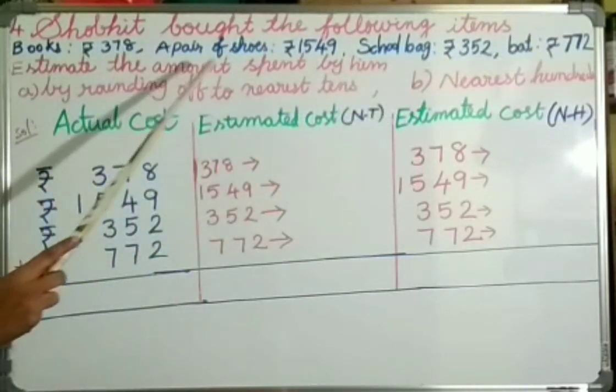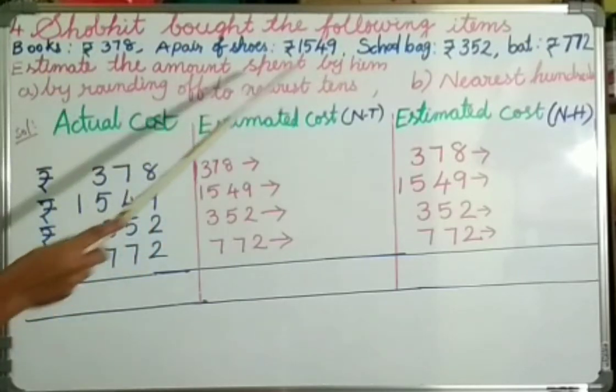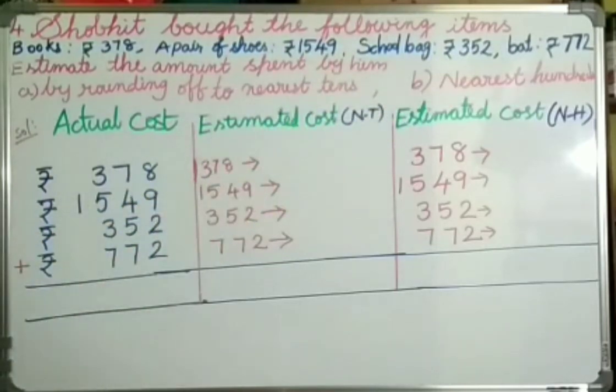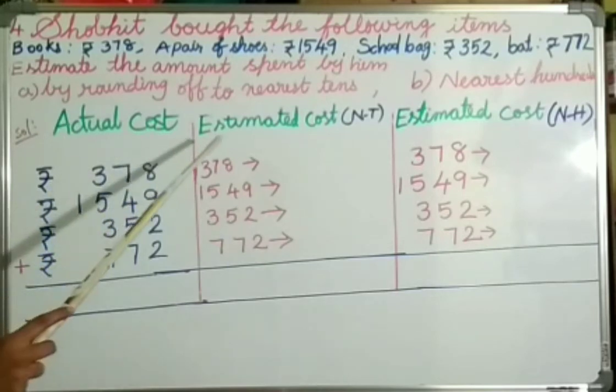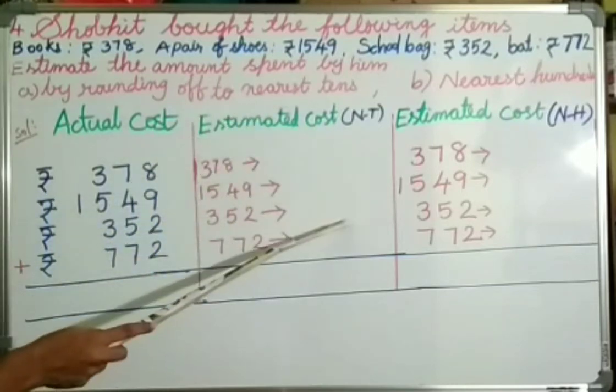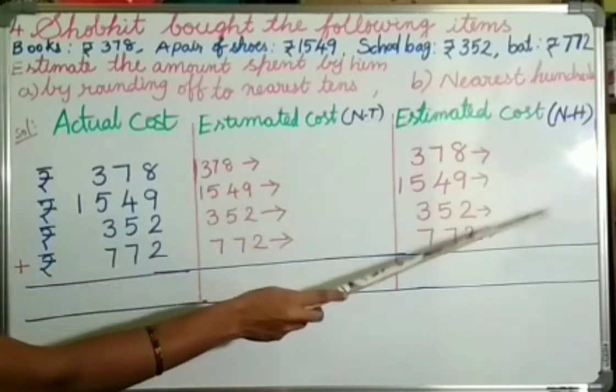Estimate the amount spent by him, A, by rounding off to the nearest tens, and the nearest hundreds. So first we have to find the actual sum, and then round off the numbers to the nearest tens and nearest hundreds.